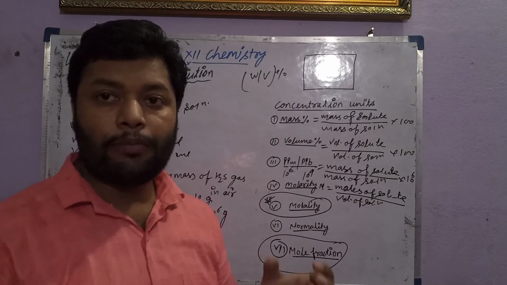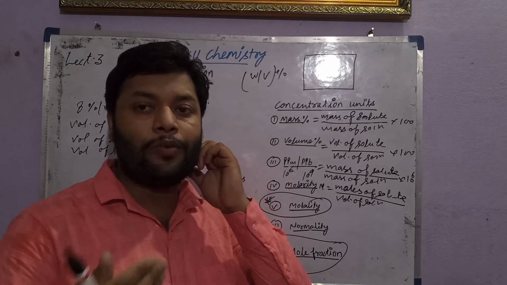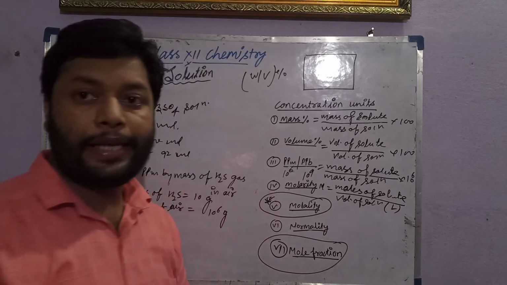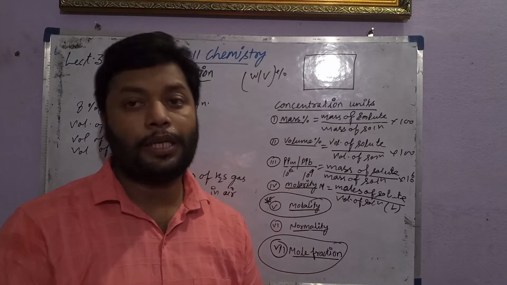So what is the amount of moles of solute present in one liter volume of a solution? Volume of the solution in liters indicates the molarity of any given substance in terms of mole.